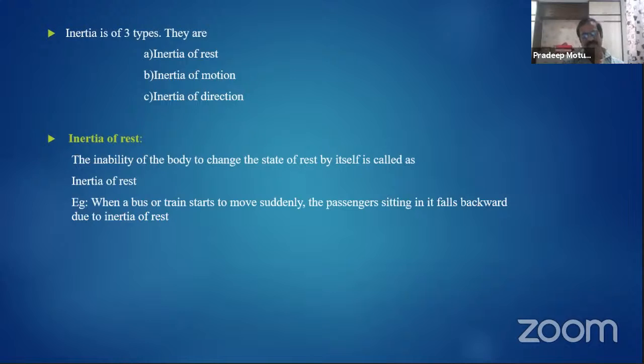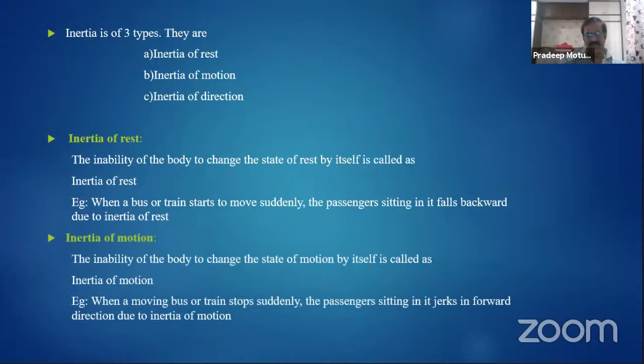I have shown you the pictures. When a bus or train starts suddenly, the passenger sitting in it falls backwards due to inertia of rest.